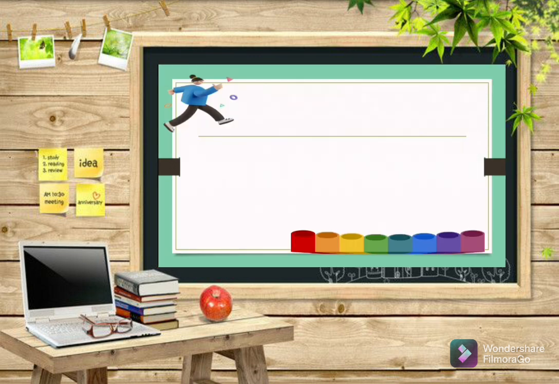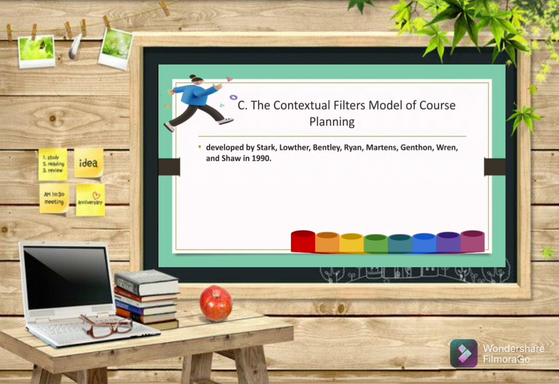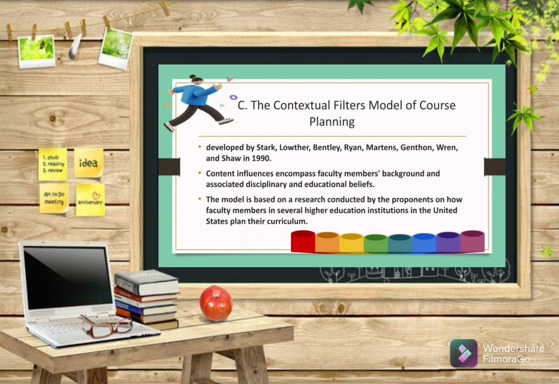So the last cyclical model of curriculum development is the contextual filters model of course planning that was developed by Stark, Lauder, Bentley, Ryan, Martins, Genton, Red, and Shaw in 1990. So content influences encompass faculty members' background and associated disciplinary and educational beliefs. So the model is based on a research conducted by the proponents on how faculty members in several higher education institutions in the United States plan their curriculum.